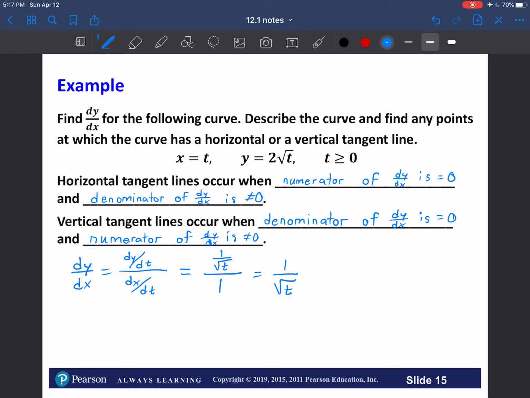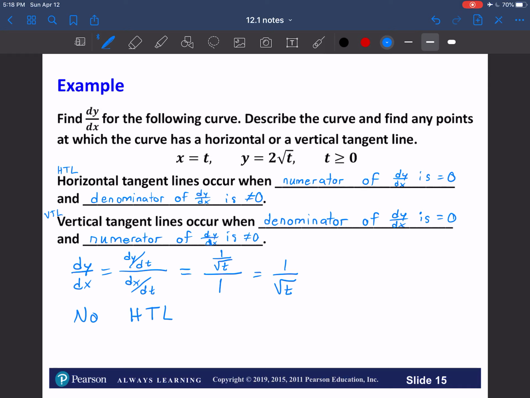So the numerator of this dy by dx is 1, and that can never be 0, so therefore there is never a horizontal tangent line. So no horizontal tangent line. That's what this is, a horizontal tangent line, and then this is a vertical tangent line.